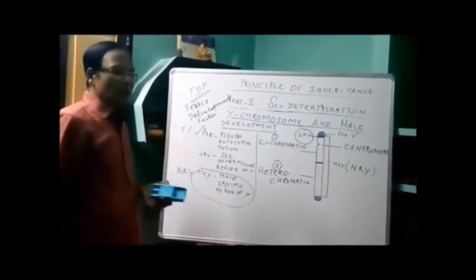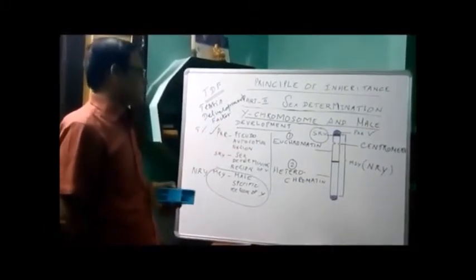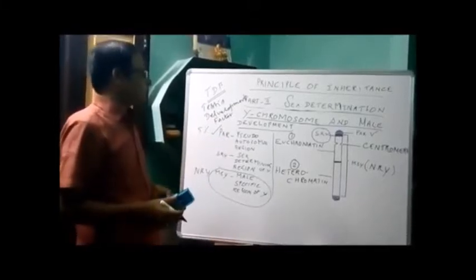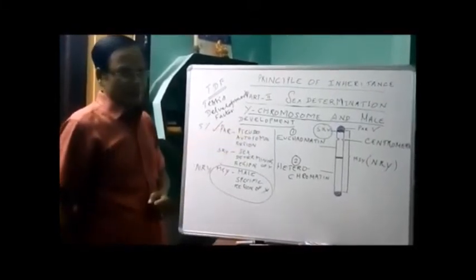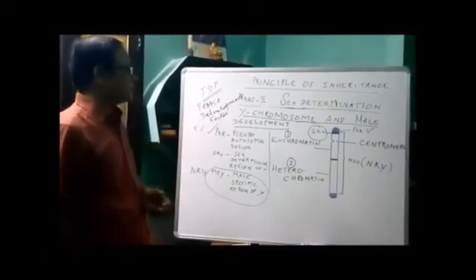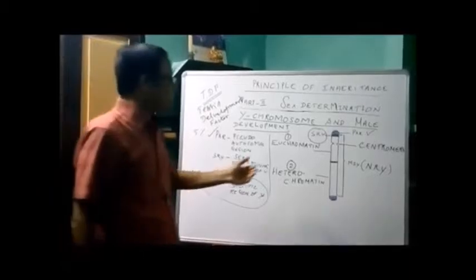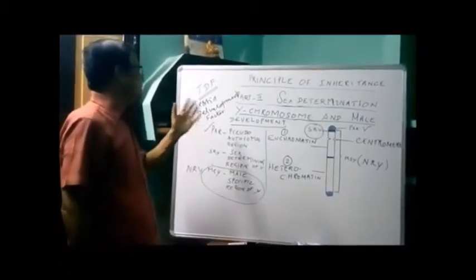It is present in adult male, responsible for the development of the testis and associated male characters. This is about the Y chromosome and its role in the development of male character. So it encodes for testis development factor, that is normally by the SRY region. That's the region coding for the TDF.